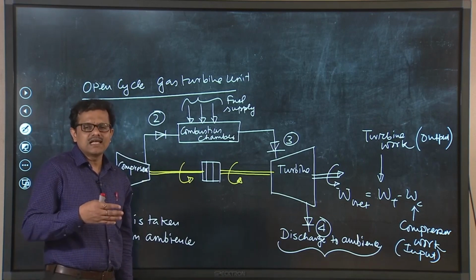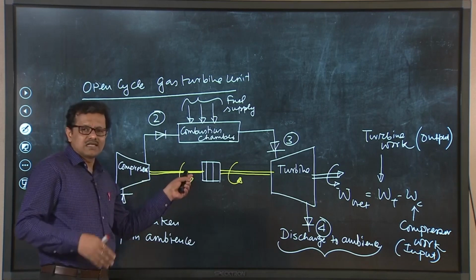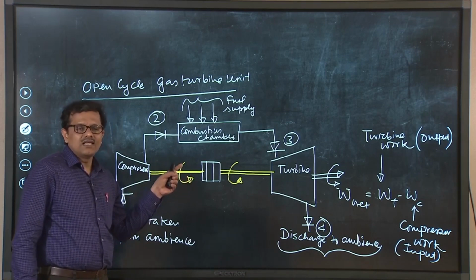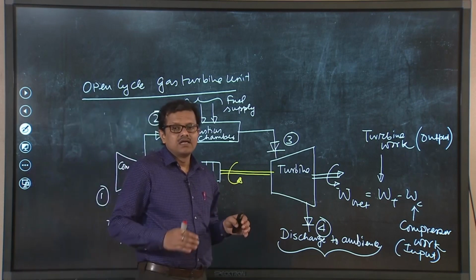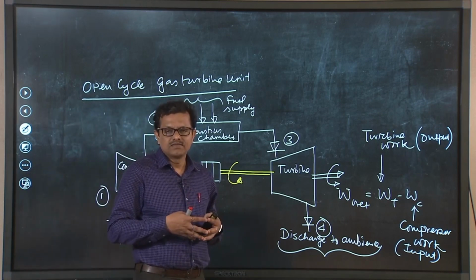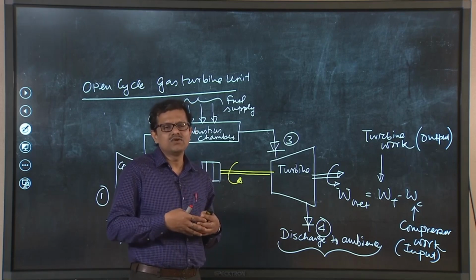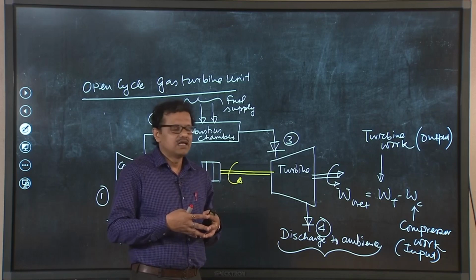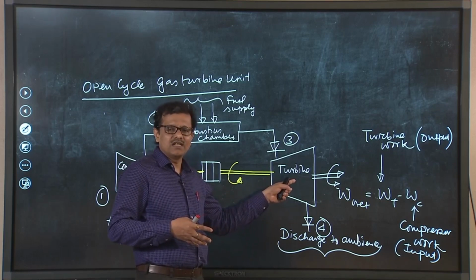So, in the real case these two processes will certainly have a high degree of irreversibility, and accounting for that irreversibility, the actual efficiency of the turbine unit will certainly be less.